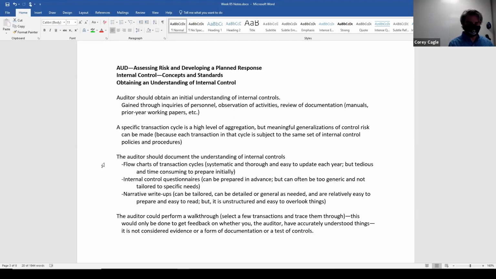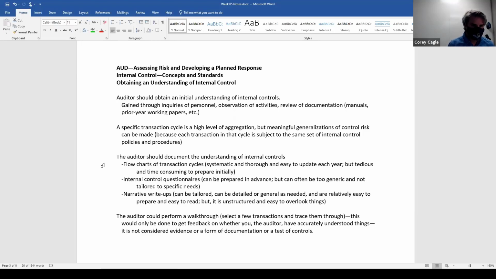So we're looking to find areas that there are not good controls, which would lead to areas of potential misstatements. We want to figure out what effect this internal control structure will have on our audit plan, right? So we want to make sure we understand the design of the controls. We want to understand if they've been put into operation and are working correctly, right?